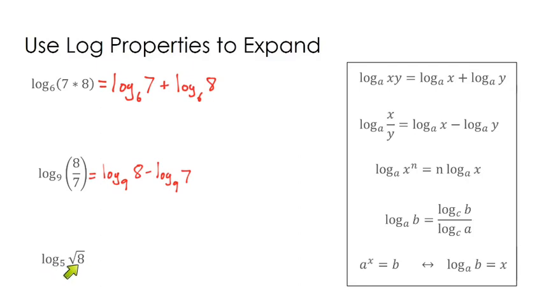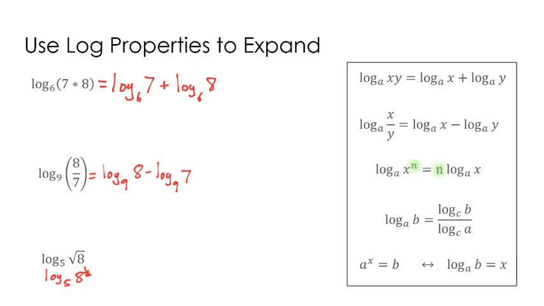Let's move to our last example. The last example for this slide, I should say. The first thing I'm going to do before we go anywhere is rewrite that radical as an exponent. Okay? So if I have log base 5 of the root of 8, that's the same thing as saying 8 to 1/2. And now that I've rewritten that radical as an exponent, you can see, oh, this is going to be this property right here, where I know that this exponent can be rewritten as a coefficient.